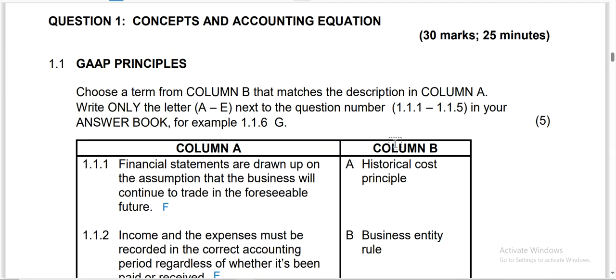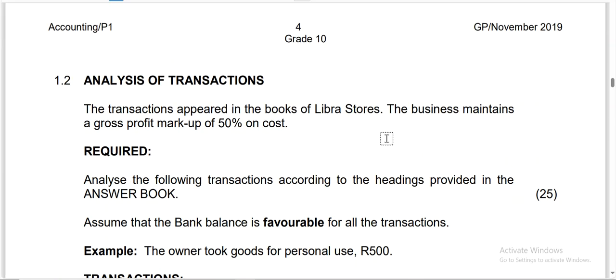Okay, and then the next question is the accounting equation. Here they're saying the transactions appeared in the books of Libra Stores. The business uses a gross profit markup of 50% on cost.